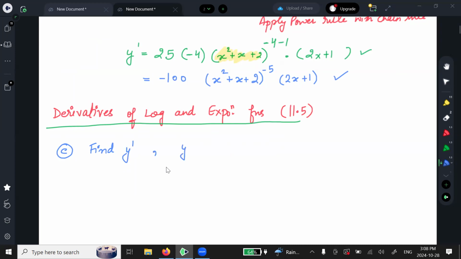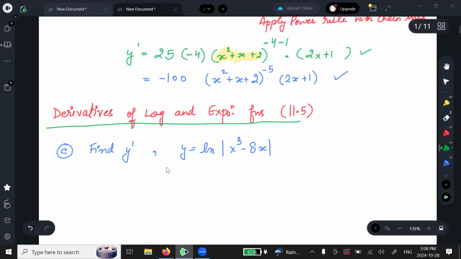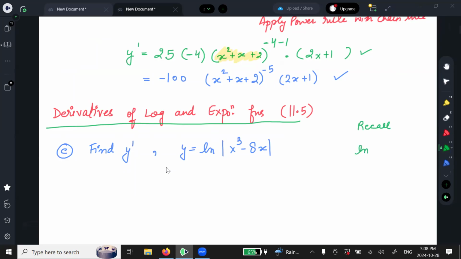For C, the question is natural log of x cubed minus 8x. And I want to find this derivative. Let me just make a little recall. What is the derivative of natural log? 1 over x. Good job.